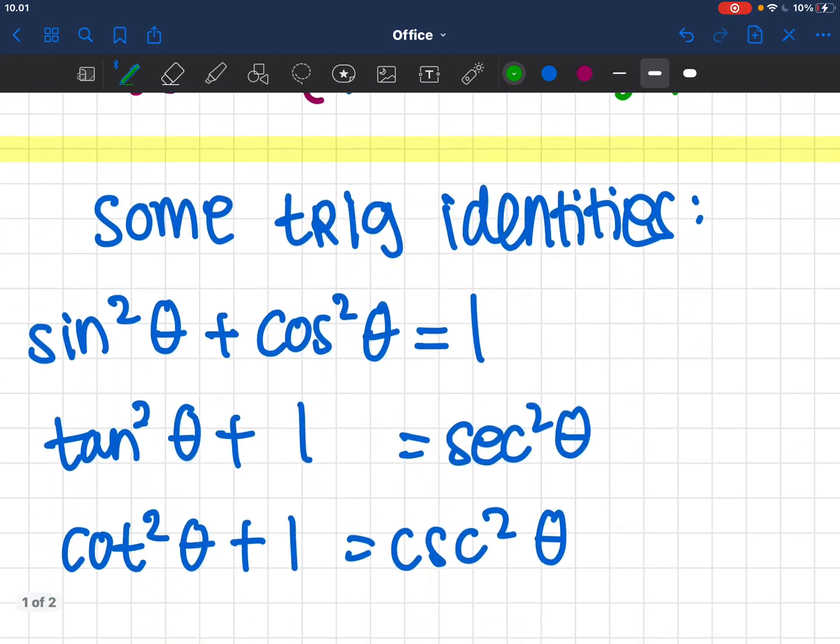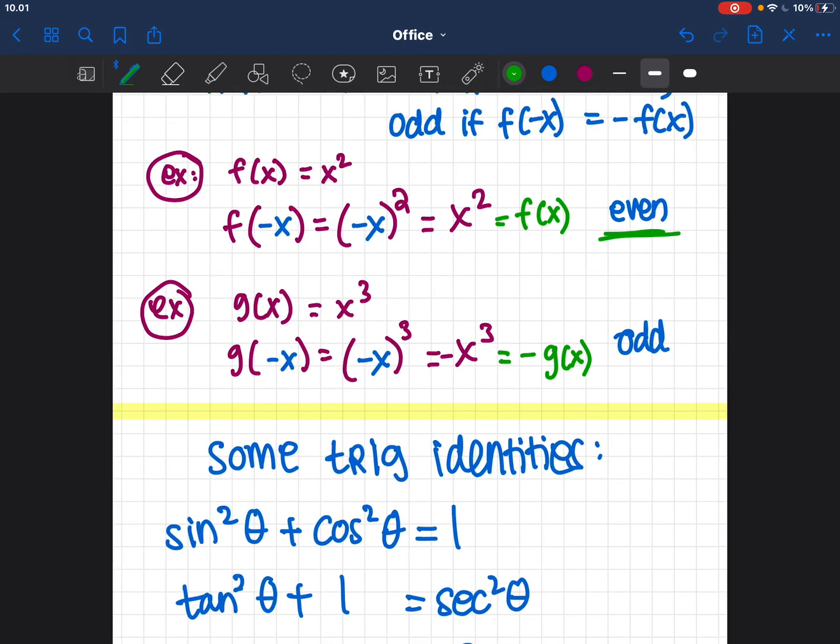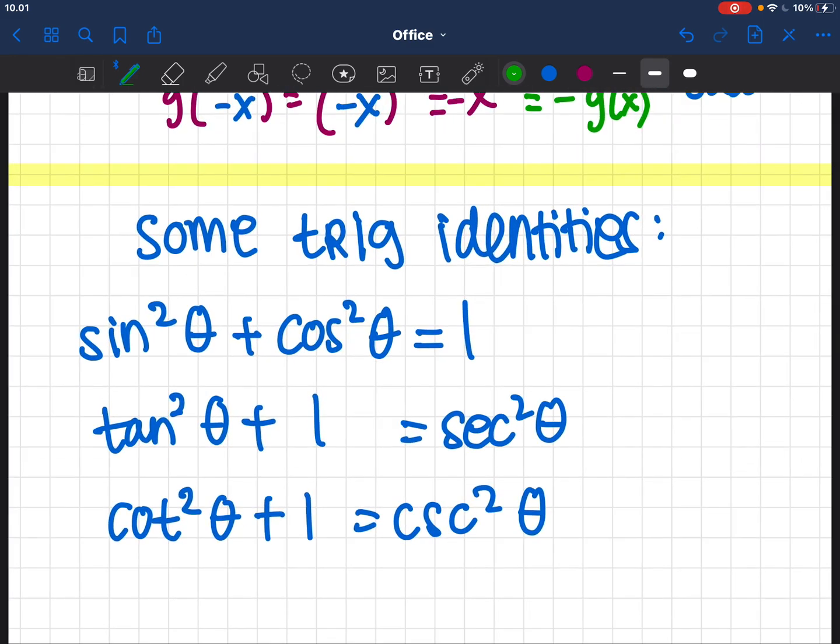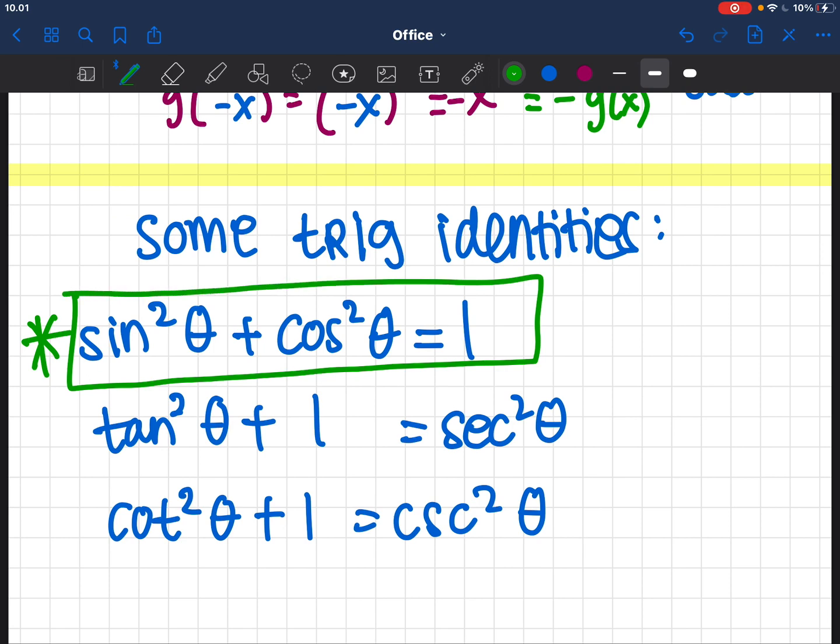Alright, this will come in handy later on. Excuse the background noise because I'm in a public place. Some trig identities. So the most important one that you need to know is this one here. Sine squared theta plus cosine squared theta equals 1. So you pretty much only need to memorize this, because the others come from this main formula here.